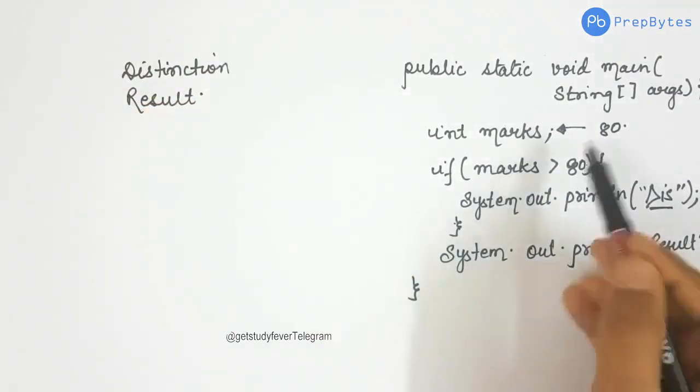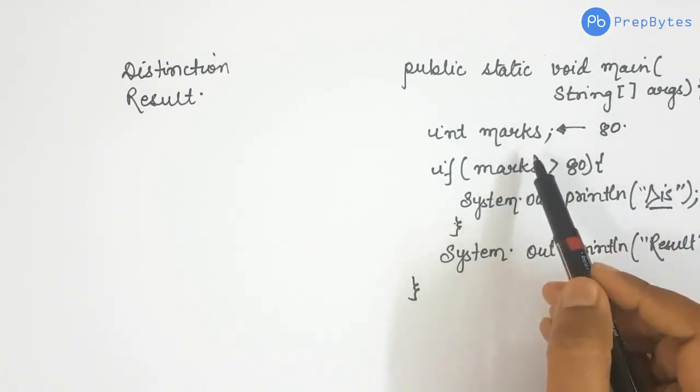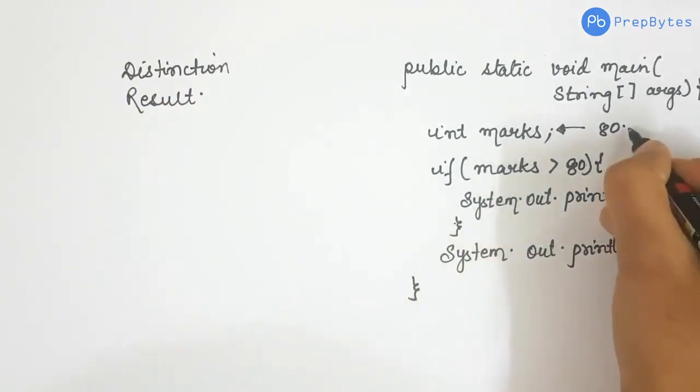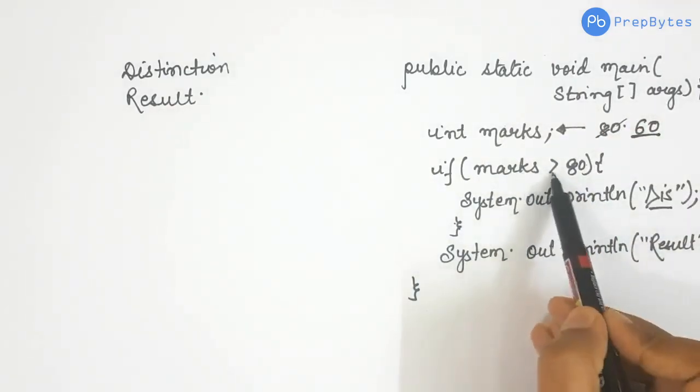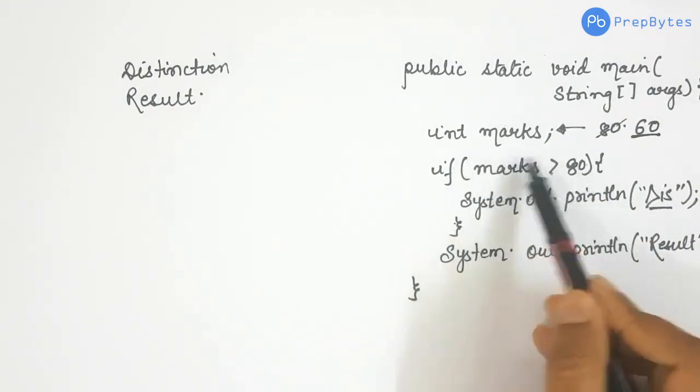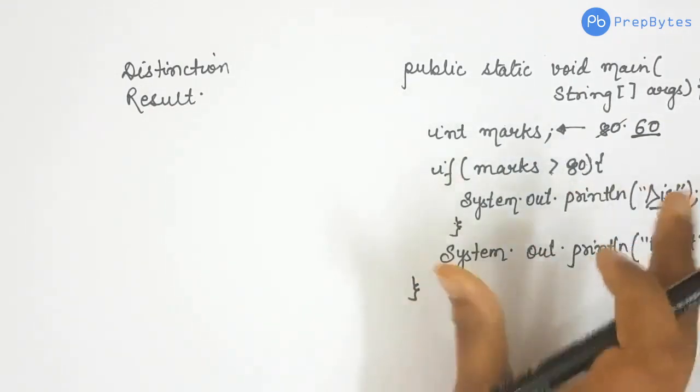Now let's say there is a situation in which I initialize marks with 60. So I don't initialize with 80, I initialize marks with 60. What will happen here? Is marks greater than 80? No, this condition becomes false.